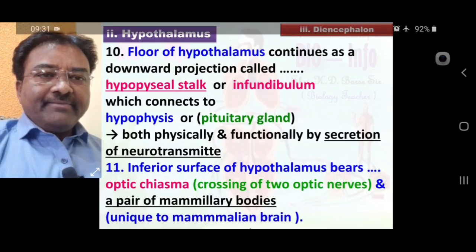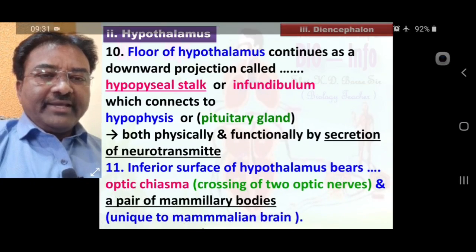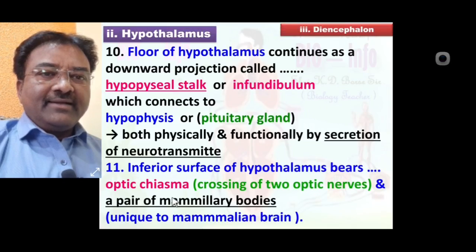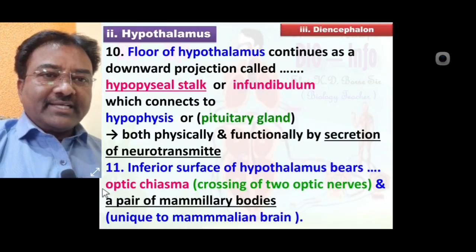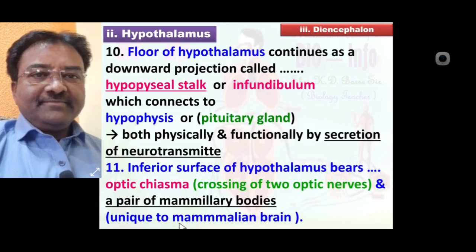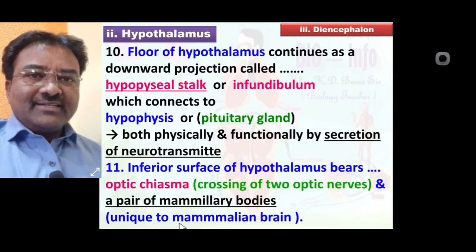This structure is unique to the mammalian brain. Hope that you understood everything up to this. We discussed in detail a total of 11 characteristic points of hypothalamus.